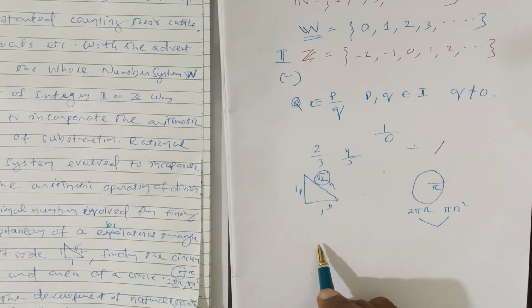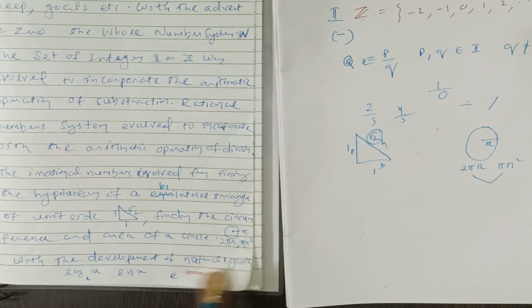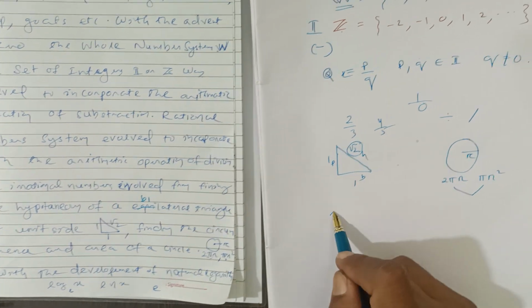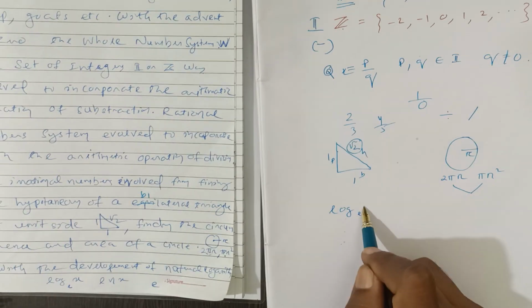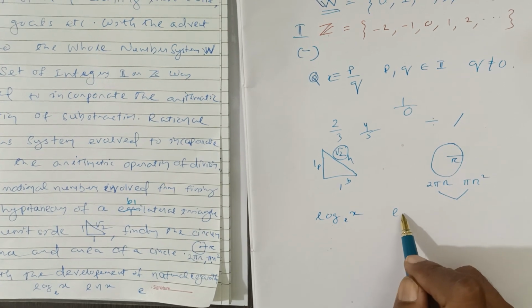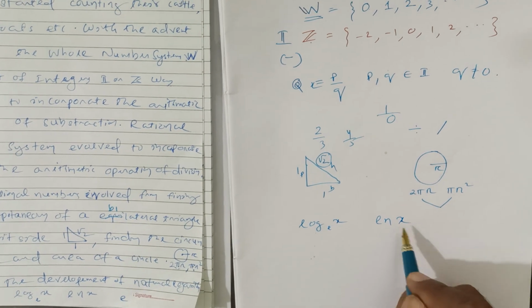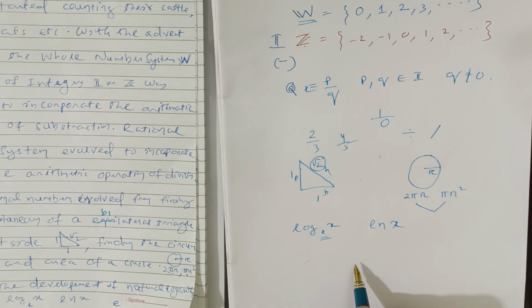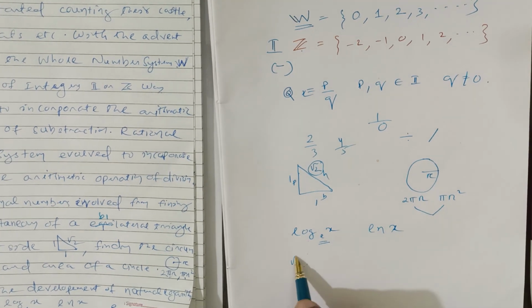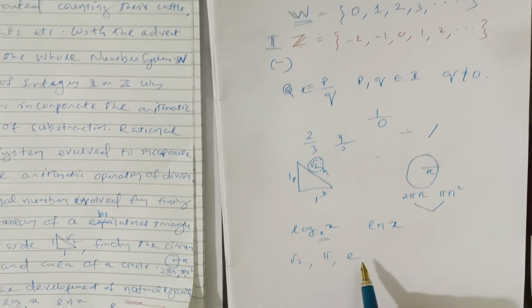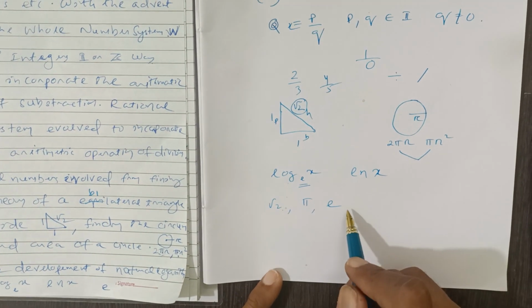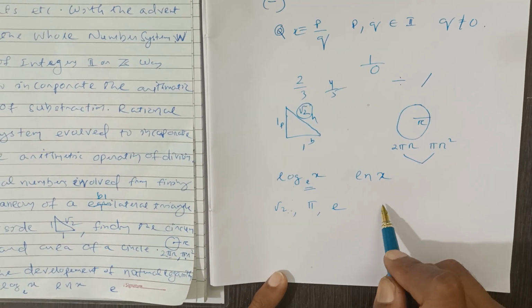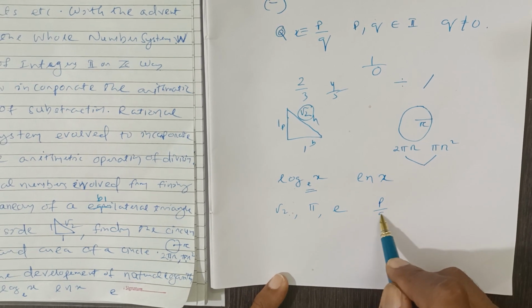And in the development of the natural logarithm system, log_e x, this is known as ln x, the natural logarithm. And here the base of the natural logarithm is e. All these numbers √2, π, e, we came across with the development of mathematics. These numbers cannot be expressed in the form p by q.